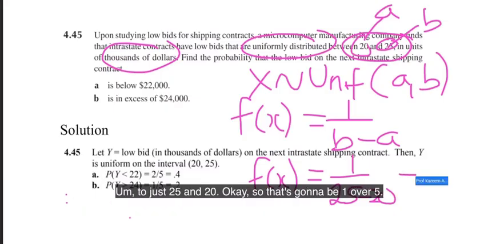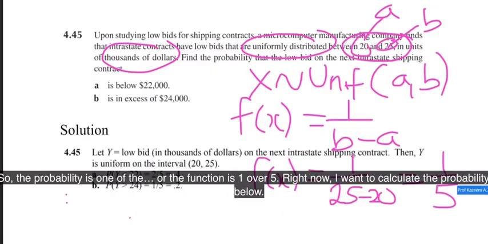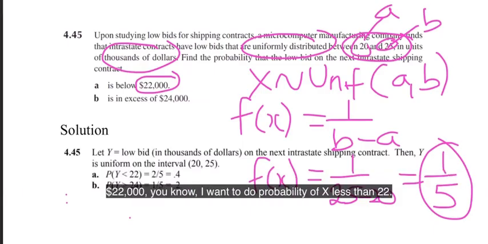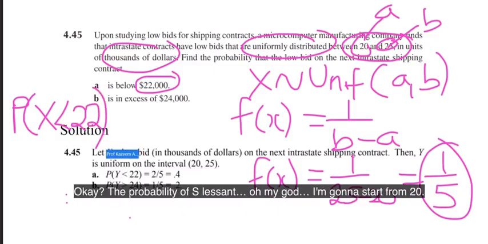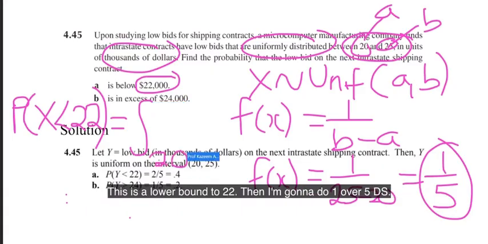So that's going to be 1/5, so the density function is 1/5. Now I want to calculate the probability of below $22,000, so the probability of X less than 22. I'm going to start from 20, which is the lower bound, to 22, and integrate 1/5 dx.